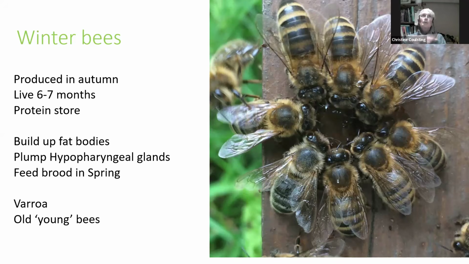So the brood that is produced in the autumn, they're not feeding so much brood, and the protein, the pollen they are feeding on is building up their fat bodies, and because they're not feeding, they have very plump hypopharyngeal glands. Both of these, the fat body, the vitellogenin, actually synthesizes protein, which helps them produce the protein in spring.